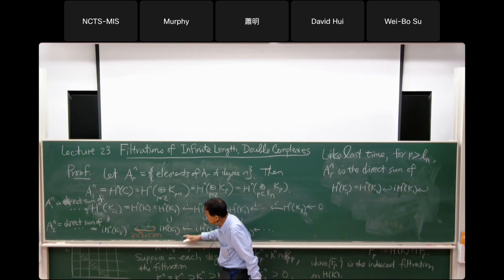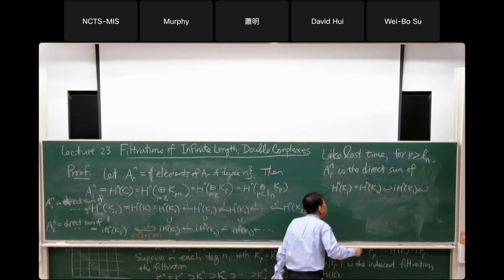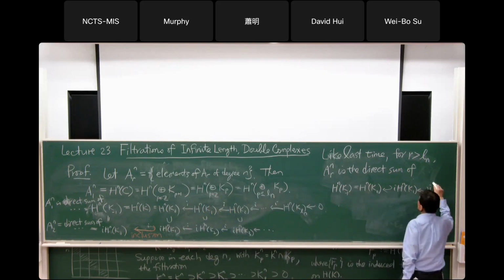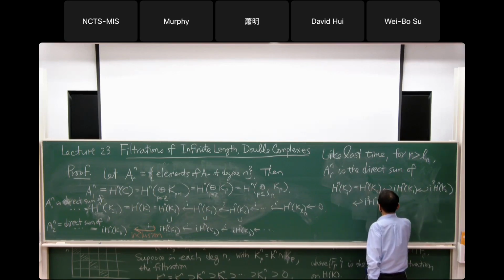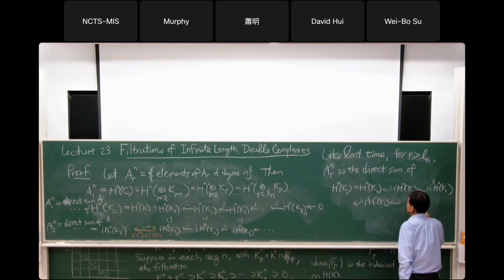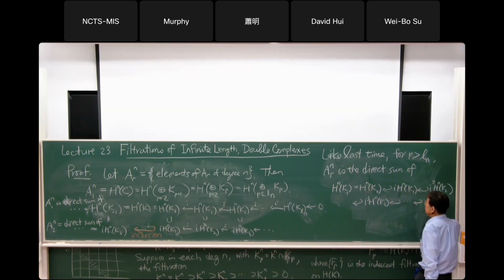Okay, so in A3, you'll take I again, so you'll get I squared H^n of K_2, I cubed H^n of K_3, and the last one is I^{Ln} H^n of K_{Ln}.